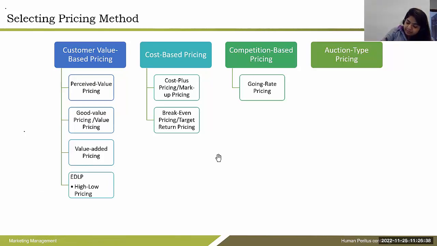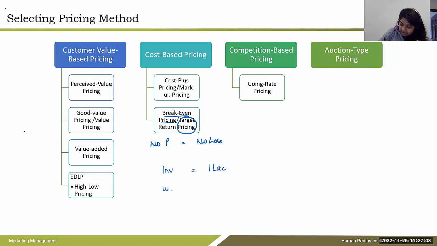Perfect. Now, break-even pricing. Break-even is a situation of no profit, no loss. If you're making it for 100 rupees, you're selling it for 100 rupees. No profit, no loss. Target return pricing. So you tell that, okay, I have an investment of 1 lakh.